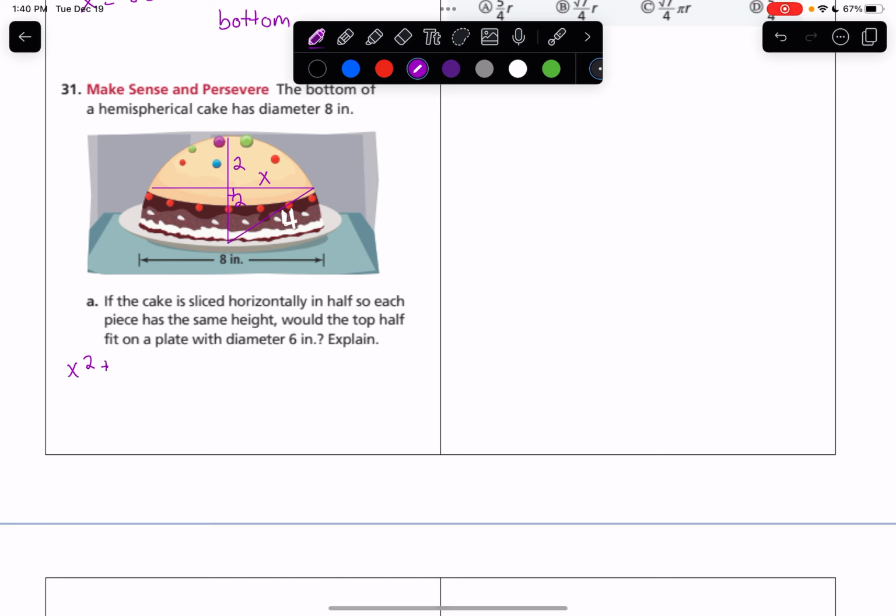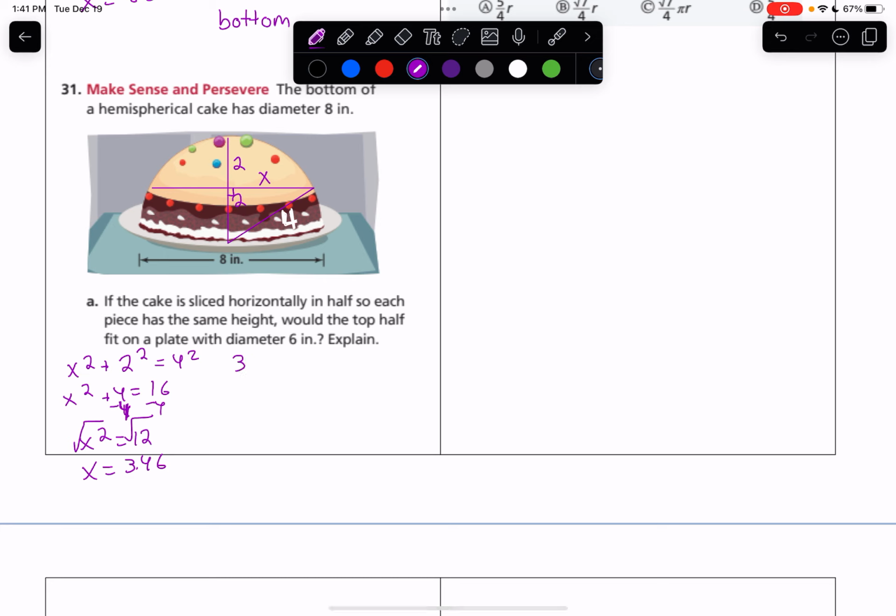So that radius is 4, which means that I can make the Pythagorean theorem. X squared, I don't know, plus 2 squared equals the radius of 4 squared. So x squared plus 4 equals 16. Subtract 4. X squared equals 12. And take the square root of both sides. X equals 3.46. So that's the radius of the top piece. Since that's a chord, we have to double it to figure out the diameter of that top slice.